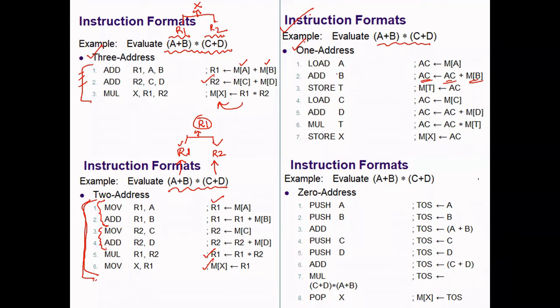By default it will do operations with accumulator. Now in accumulator the data is available, store T, that means accumulator to the memory T location, temporary location. So up to this A plus B is available in M of T location.